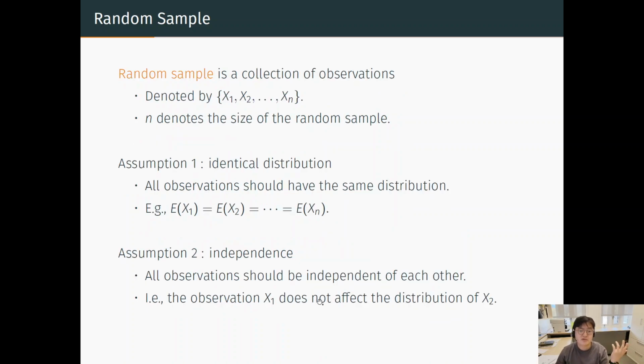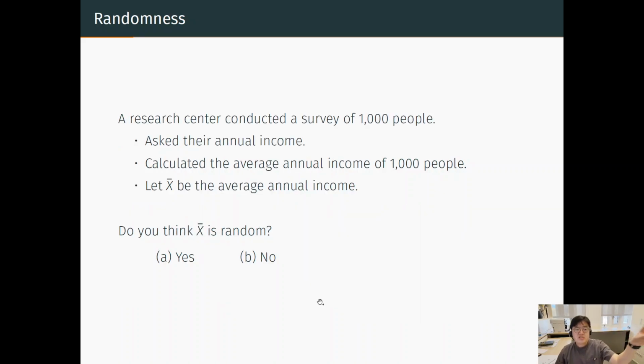Or in our example, say one research center conducted a survey of 1,000 people. They report their own annual average income. But there is another research center. They do their own survey of 1,000 people independently, and they report their own average income.